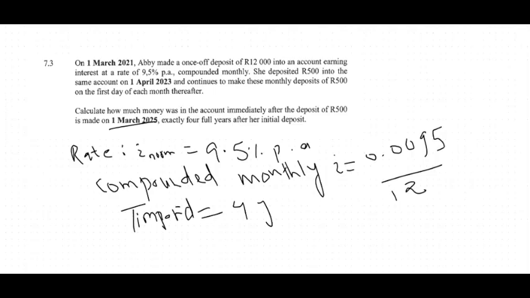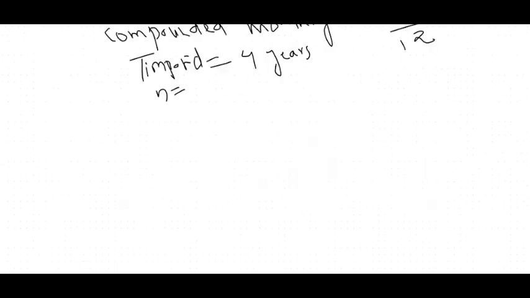So the number of periods n equals 4 multiplied by 12, which equals 48 months.